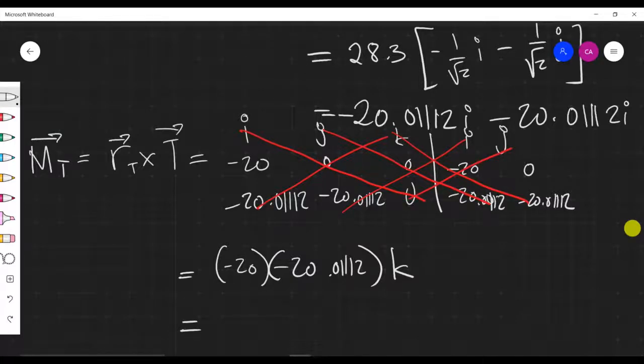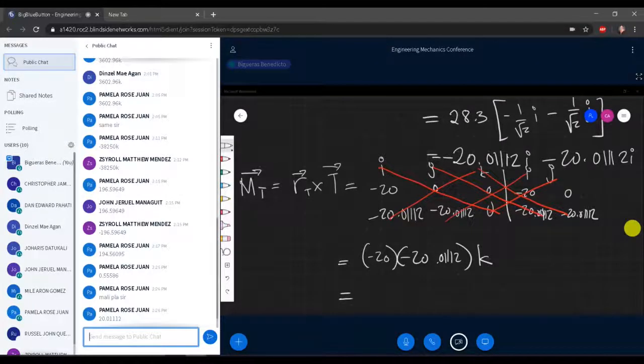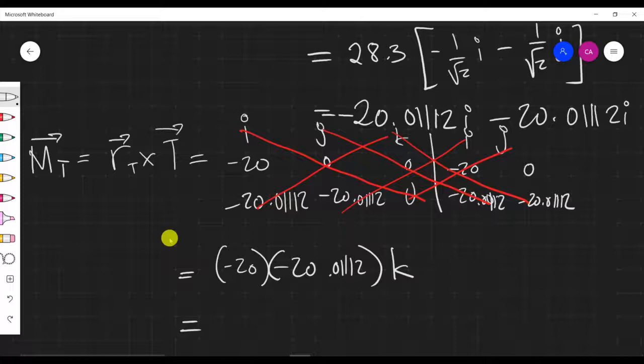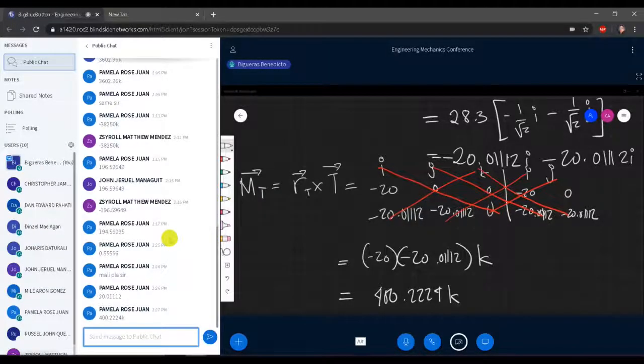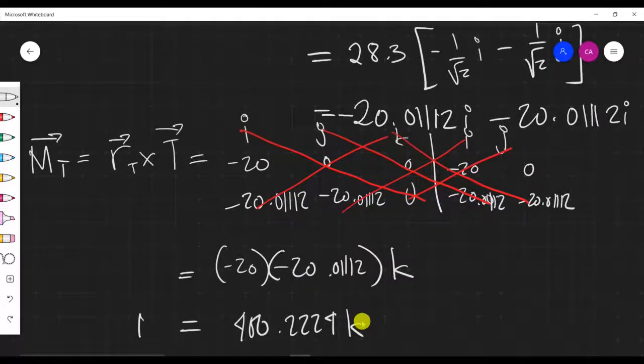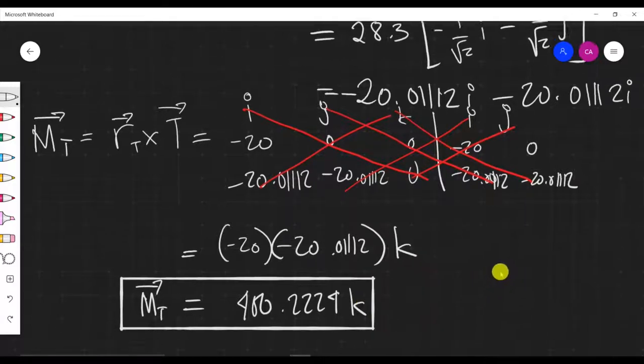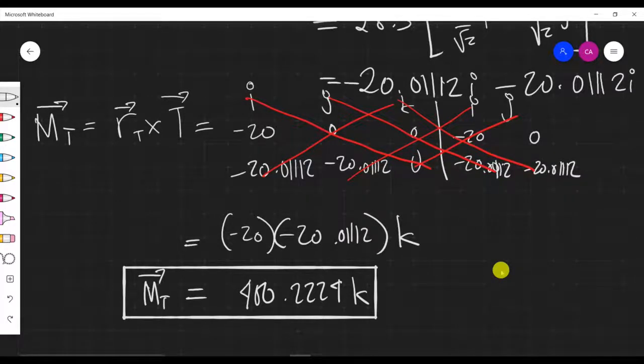What is the value? 400.22 k. Okay? So, MT, ganyan siya. Yan yung moment due to T. At take note, positive. Counterclockwise. CCW.